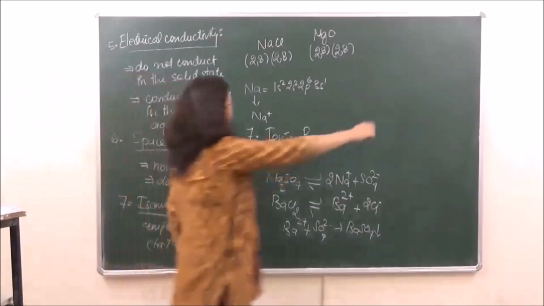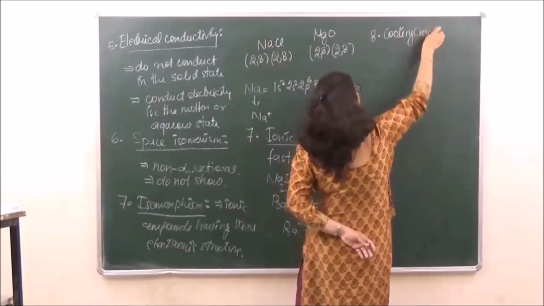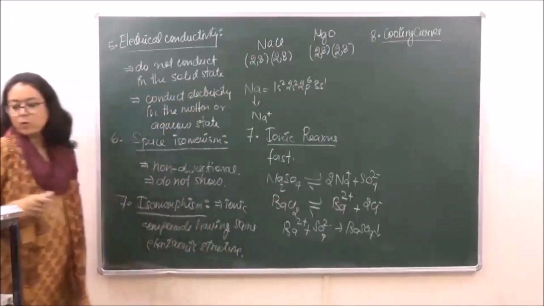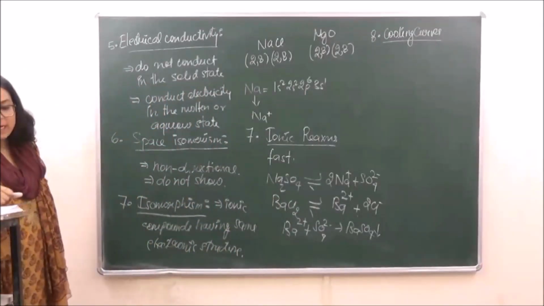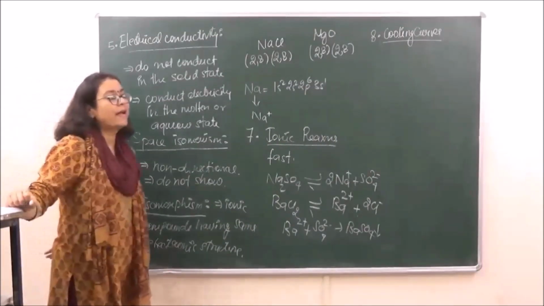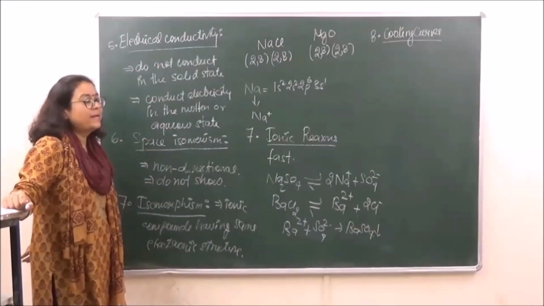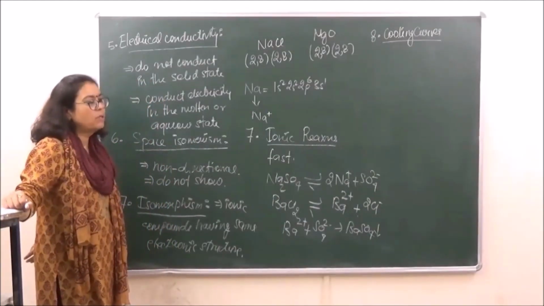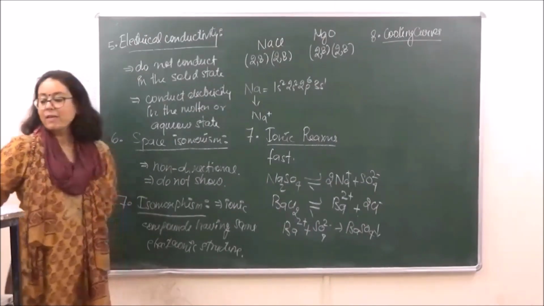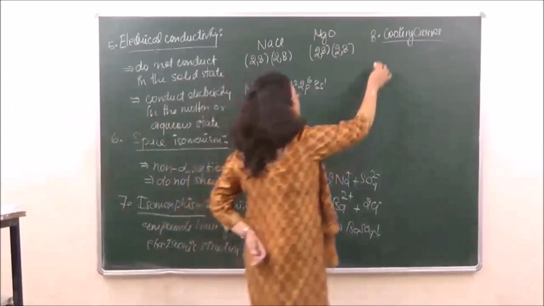Then we come to a new term, which is known as cooling curves. What do we understand by cooling curves? Cooling curves means that when we are trying to solidify any molten electrovalent compound, we have a melted electrovalent compound and we are trying to cool it, and we are plotting a graph between temperature and time.